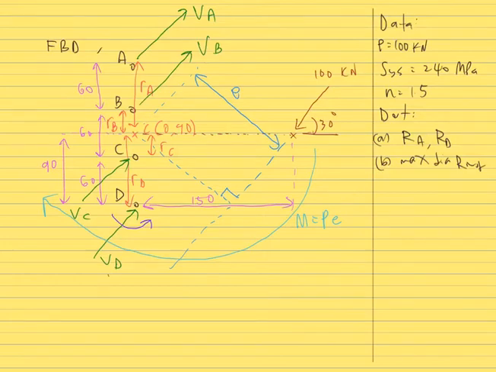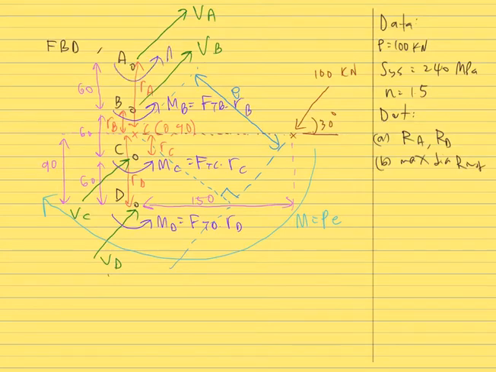So the resisting moment at rivet D, MD, is equal to FTD times RD. Then the resisting moment at rivet C, MC, is equal to FTC times RC. Then the resisting moment at rivet B, MB, is equal to FTB times RB.